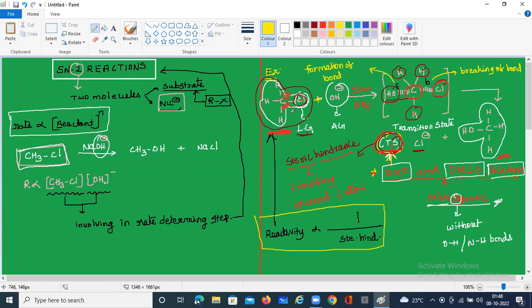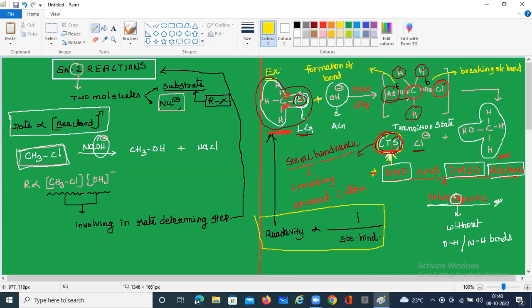What type of carbon atom? Whether it is maybe the alpha cation or the beta carbon. Okay? Steric hindrance means that crowding. So with an increase in the number of crowding groups, the reactivity of that substrate will be lowered.